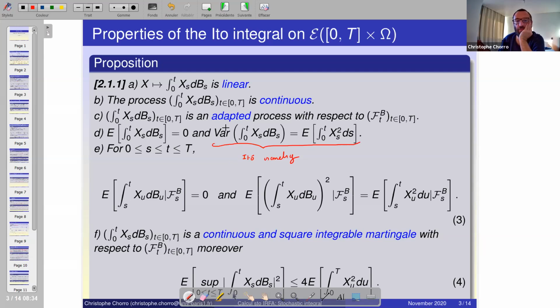And from this equality, we extended the Ito integral for elementary stochastic processes to more general processes. So it's exactly what I have done here.